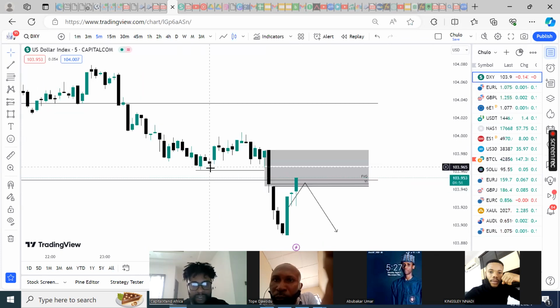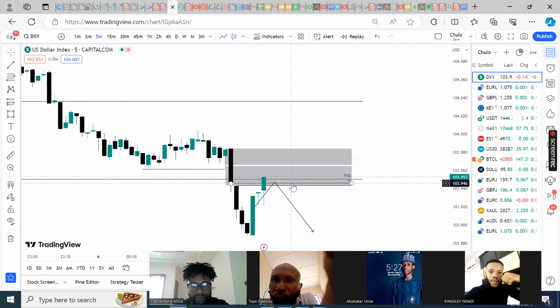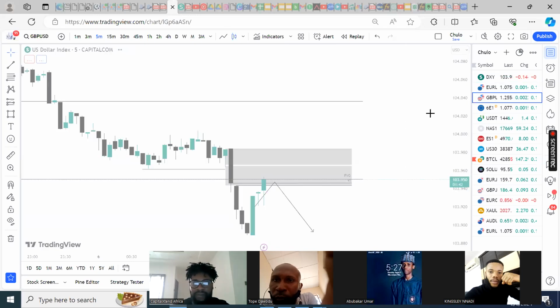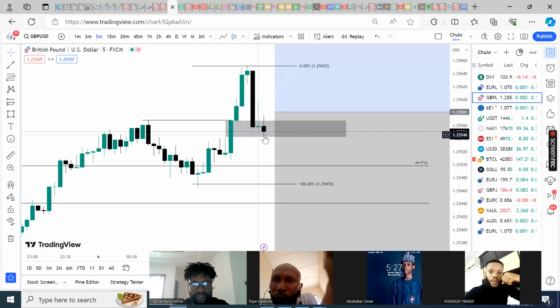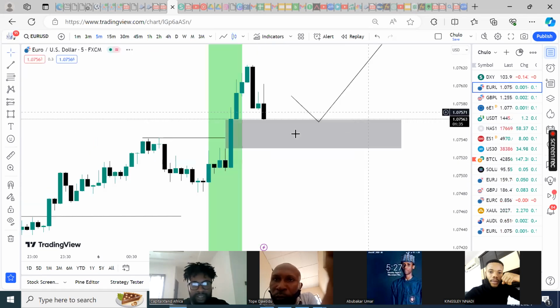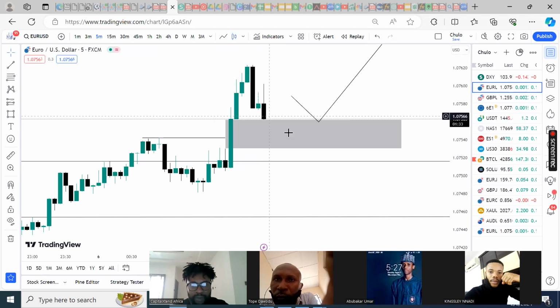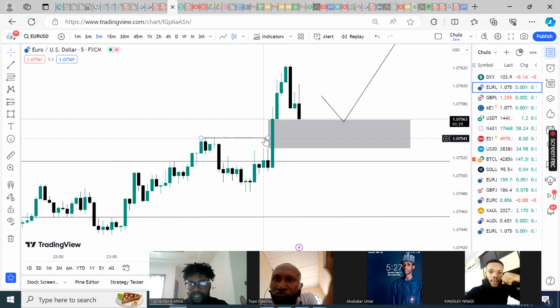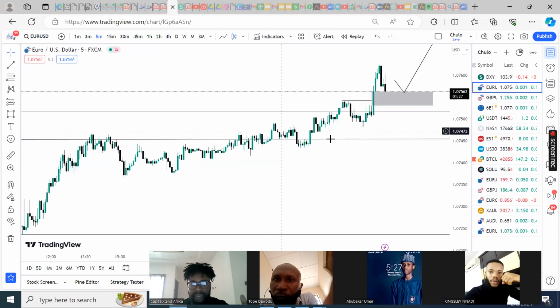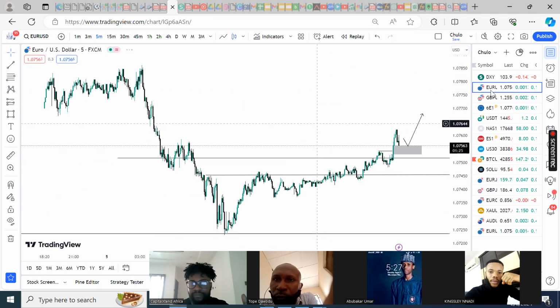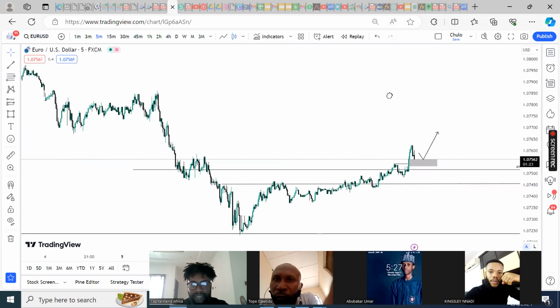You have a breaker structure here. You have a volume imbalance and you have a fair value gap, which price is currently trading in. This is EURUSD, and GBPUSD is what you're currently on. EURUSD is coming back to that gap I told you guys about, whereas GBPUSD is already in that gap. So let's see how it goes, guys.